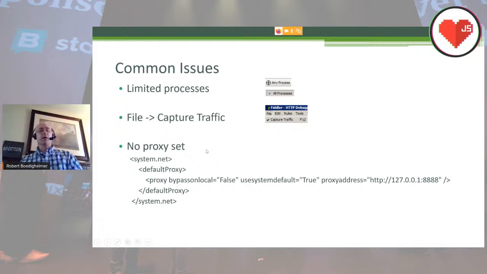Another thing people will ask me, I'm an ASP.NET developer, so I might make calls in .NET to third-party HTTP services. The traffic between my browser and my server with ASP.NET will get traced just because the browser understands Fiddler and knows how to do it. But when my ASP.NET is running on my laptop and it calls a third-party service, even though it uses HTTP, that traffic is not proxied by default. So if you happen to be a .NET developer, you can go in your config file and set this.